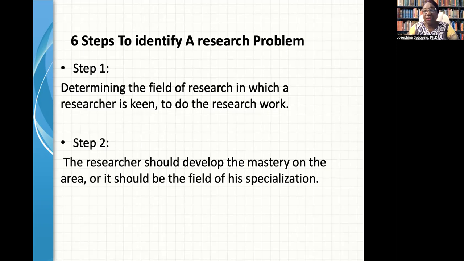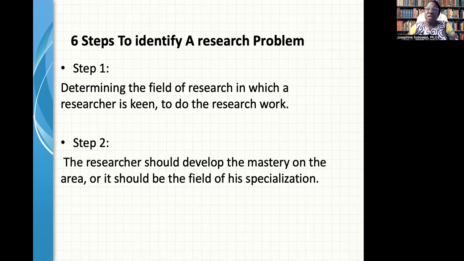No one will give you a topic for your research. At times in the best, they must say, okay, bring 3. And maybe your supervisor will help you or guide you to pick one. But it has to do with your own particular interest, what you are keen on researching on. And step 2, the researcher should develop the mastery of the area.